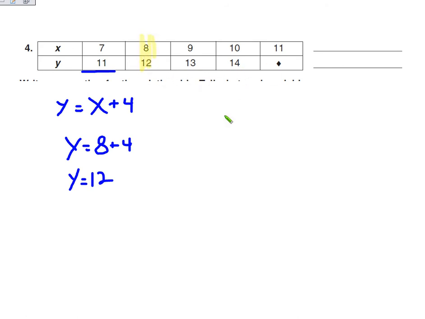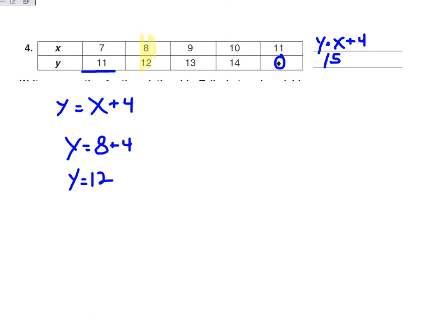Let me write my equation. y equals x plus 4. And then if x is 11, y would be 15. The missing number would be 15 right here. So just be careful and once again, just test it. Think, draw a pattern, come up with a plan, and test it.